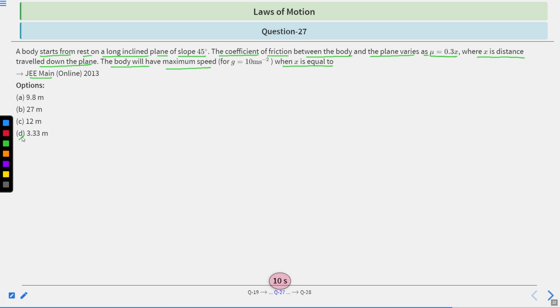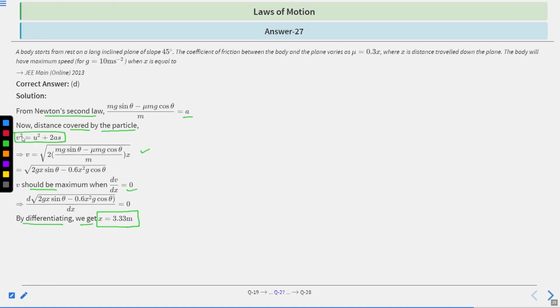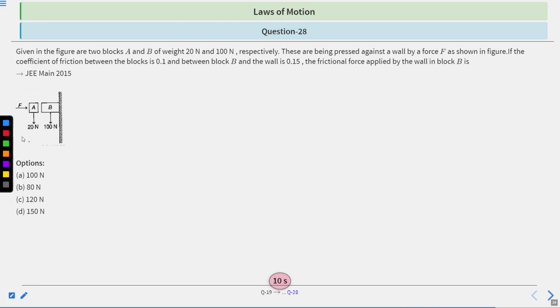Next question, 28. Given in the figure are two blocks A and B of weight 20 Newton and 100 Newton respectively. These are being pressed against a wall by a force F as shown in this figure.